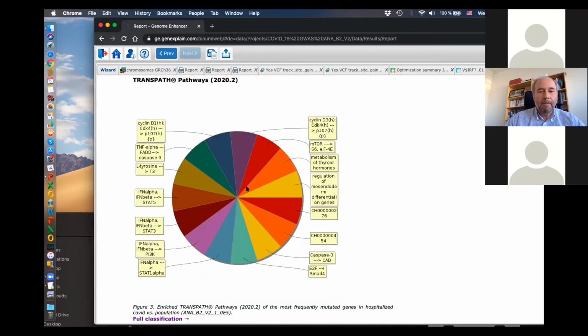Then we check how those genes are mapped to the canonical pathways, and you see several pathways like interferon-related pathways and TNF-related pathways, and also some pathways related to metabolism of thyroid hormones affected by those genes. But still, you don't see the full picture. Many functions are affected by those SNPs, but which one is the biggest one?